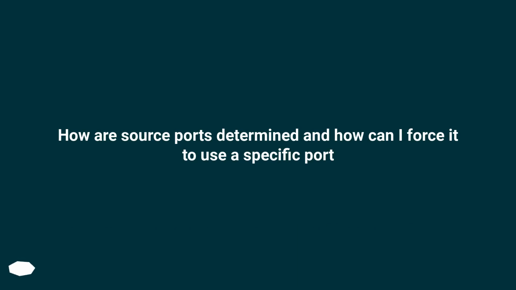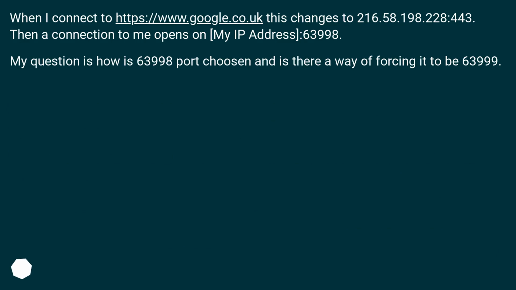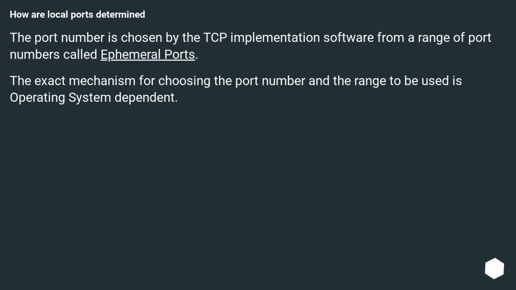How are source ports determined, and how can I force it to use a specific port? How are local ports determined?